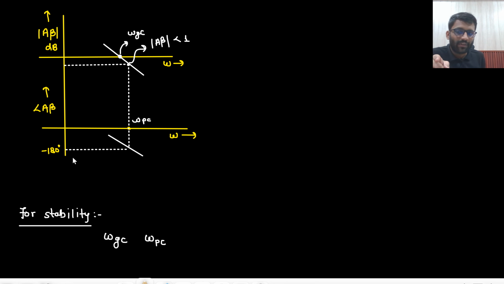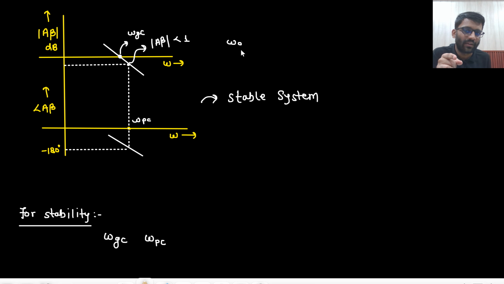So when my phase shift is minus 180 degree, at that time my loop gain is lesser than 1. That means this system is stable. So this system is stable. This was your omega gc, this was your omega pc. So what did you understand here? Your omega gc is lesser than omega pc.